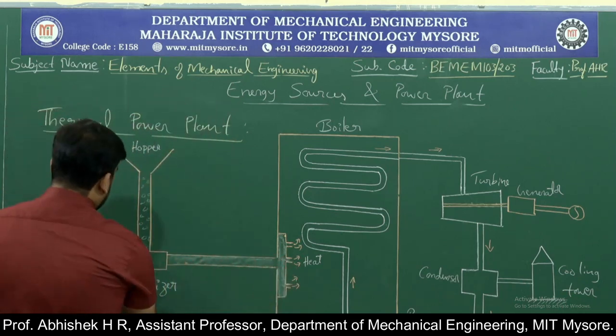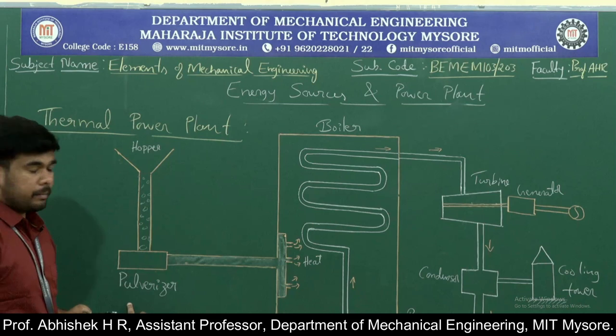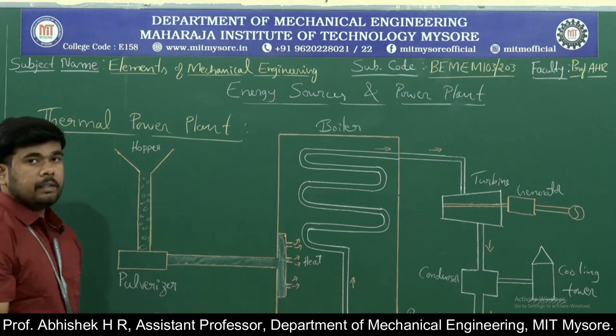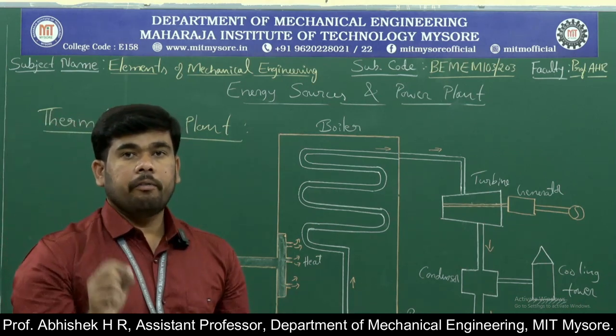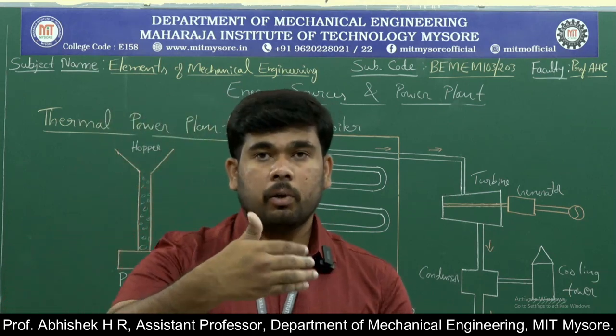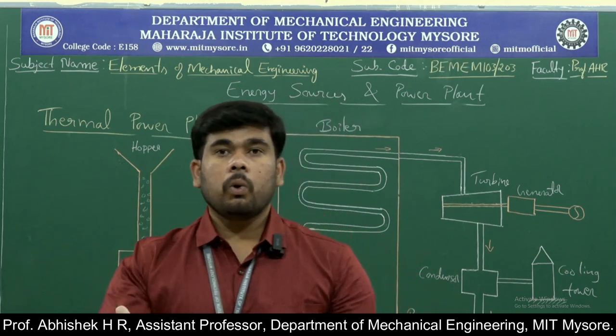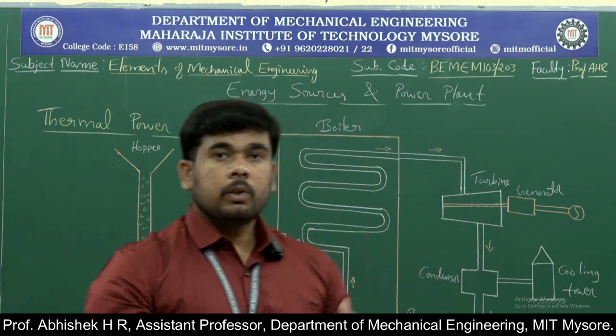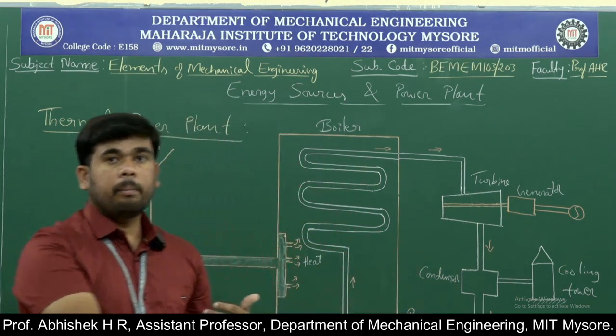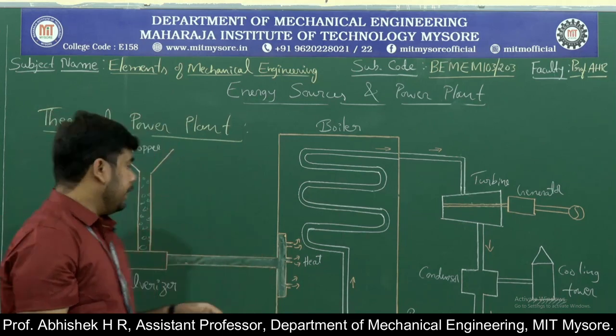That takes place in the pulverizer. The pulverizer is the mechanical device which we use to cut or grind the coal into small pieces. Then we can burn it and supply the heat.